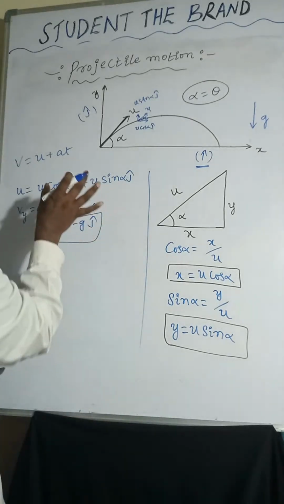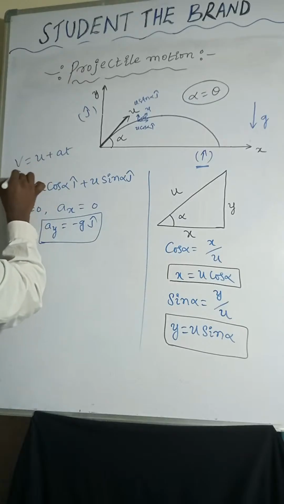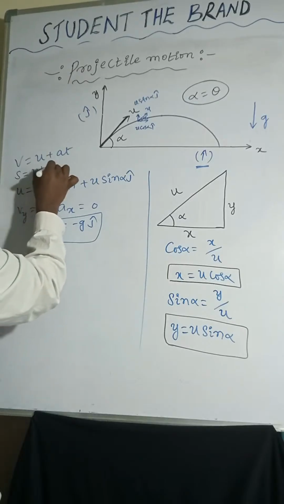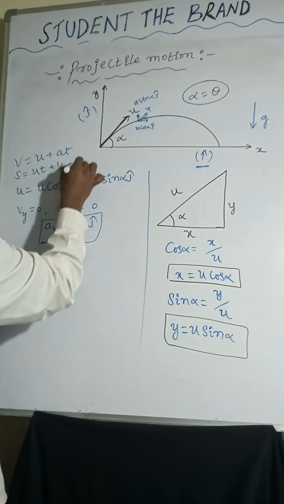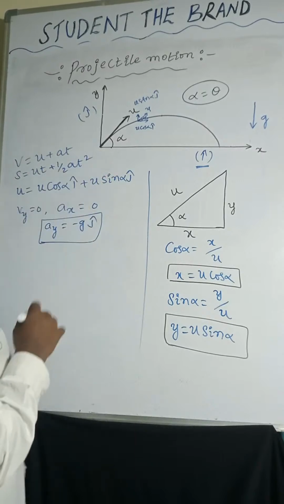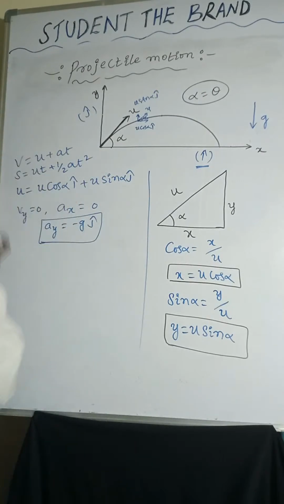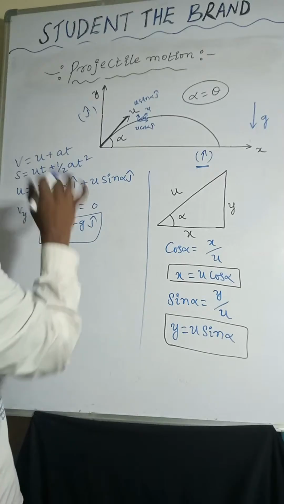Okay, so taking velocity, and s equal to ut plus half at square. Here we can take the initial velocity.